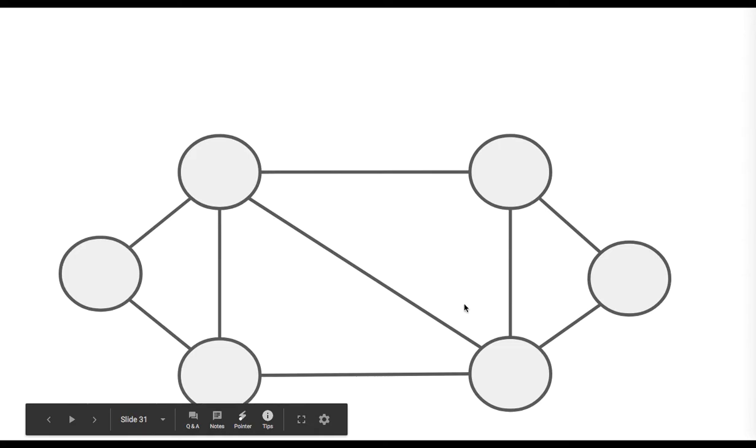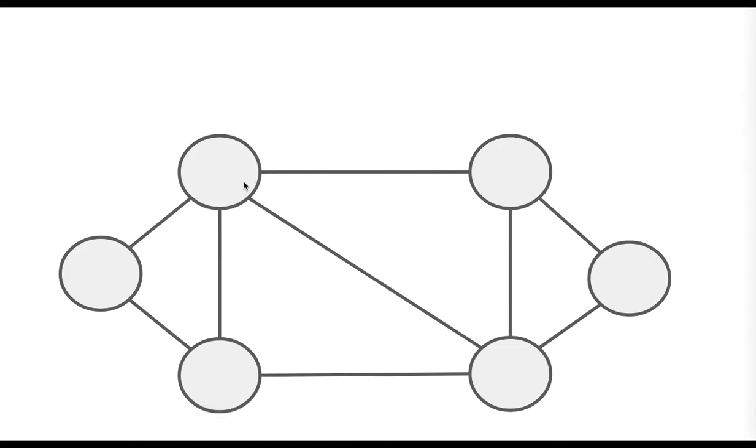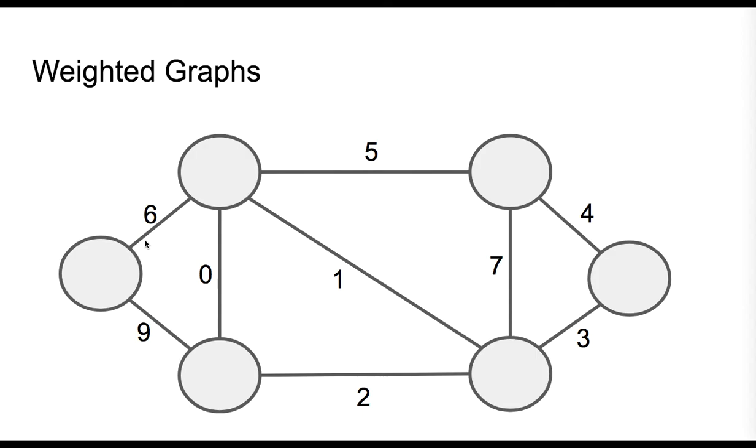They might have a different distance between this node and this node. This line might not be the same as this line between these two nodes. And we don't want to draw everything to scale, so the way we represent that is we use weighted graphs, and we have weights on each of these edges.